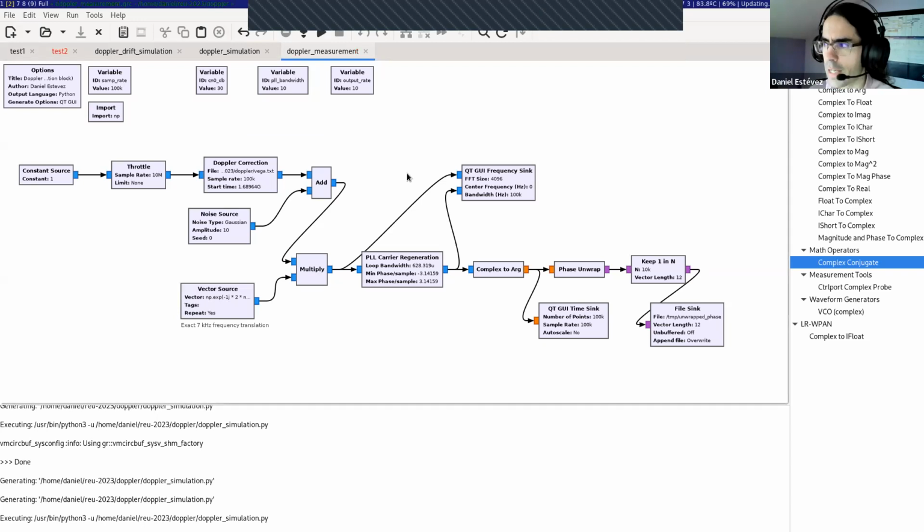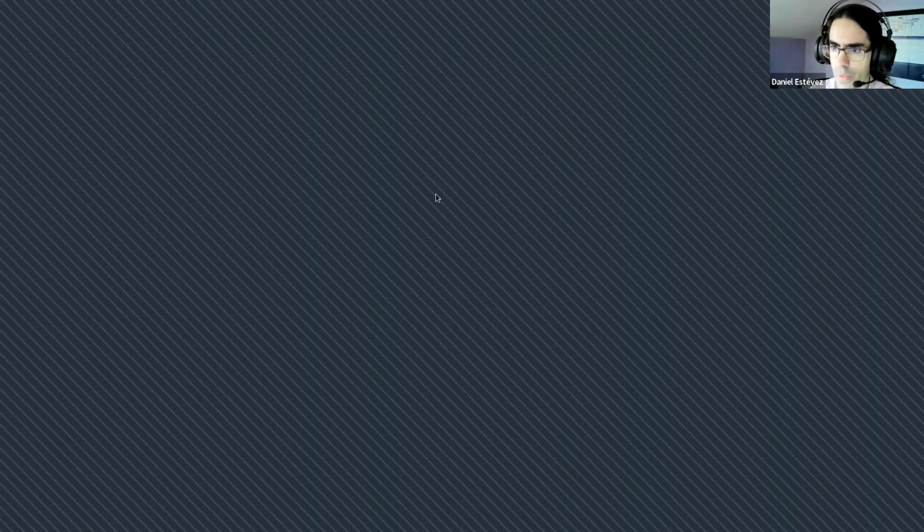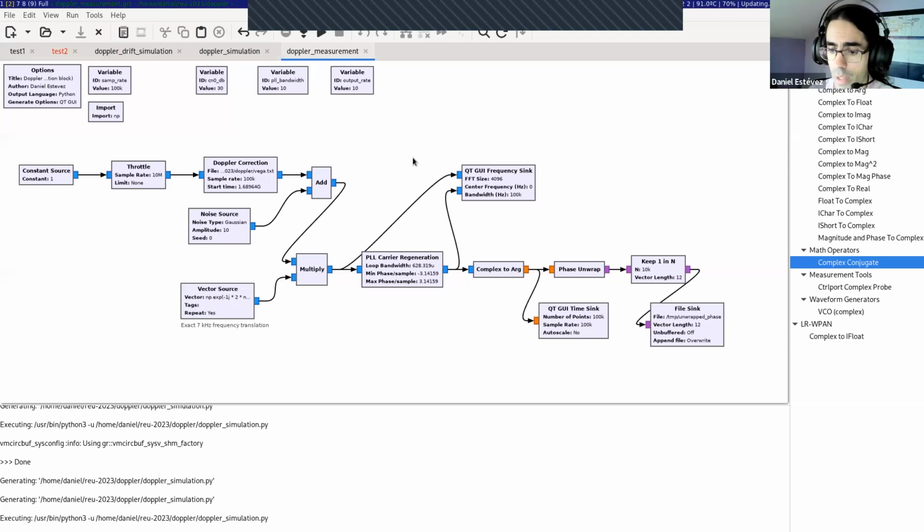So the thing I want to show you now is a technique to measure frequency, or to measure Doppler in this case, which is extremely accurate. The most common way of measuring frequency in radio astronomy is to use a waterfall plot or spectrum data. So you do an FFT, as we have been doing all along, and then you find in which FFT bin your signal is located.